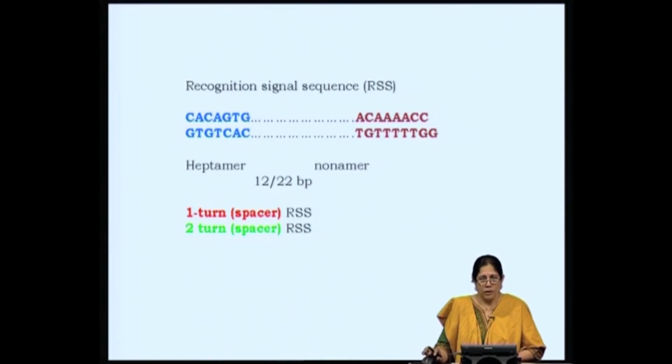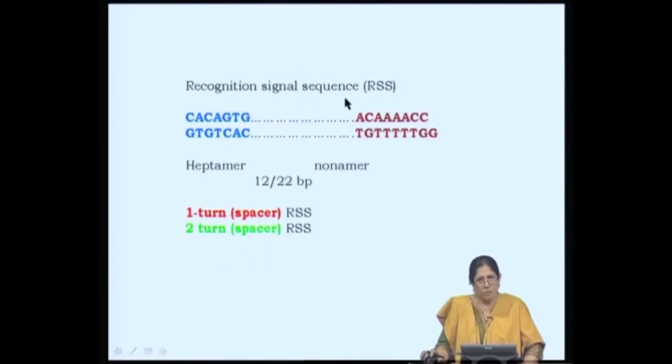We also know that though the variable region is hypervariable, the constant domain is more or less the same. Therefore, the immunoglobulin gene cannot accommodate more than one J segment or one V segment, or in case of the heavy chain, any one V, D and J.